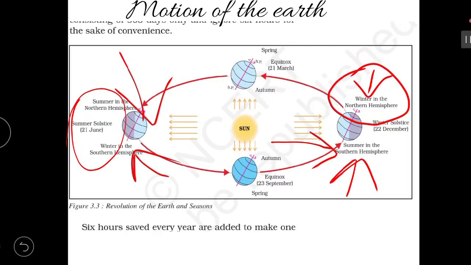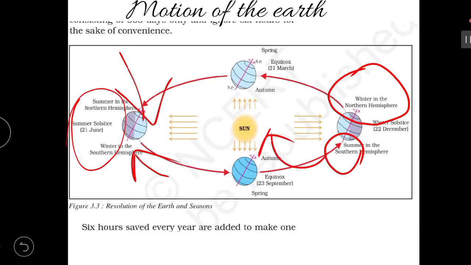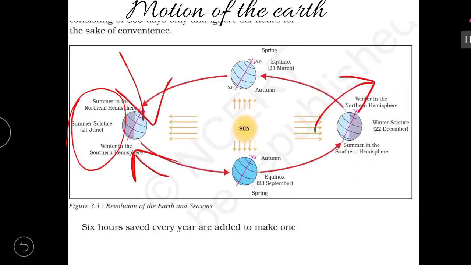Okay, so on 22nd December, near the Tropic of Capricorn, places receive the direct rays of the sun as the south pole tilts towards it. This is the south pole, and it is tilting towards the sun, and the northern hemisphere is moving away from the sun.